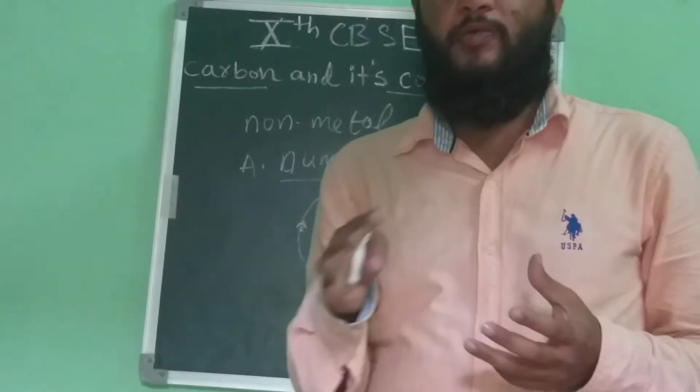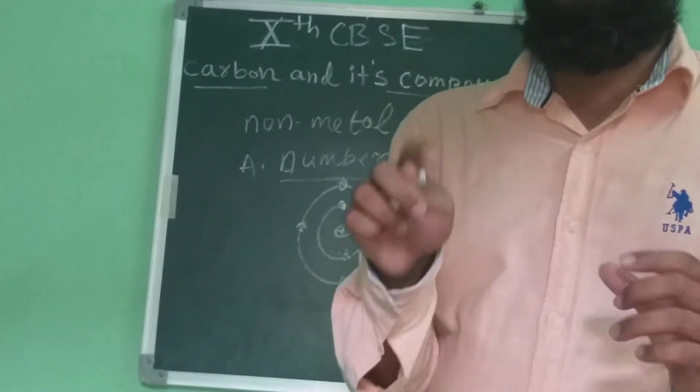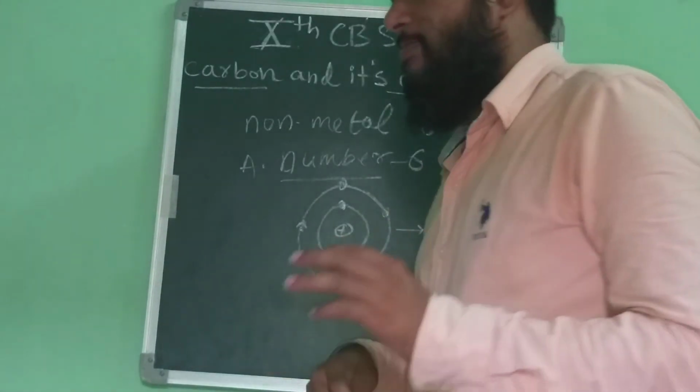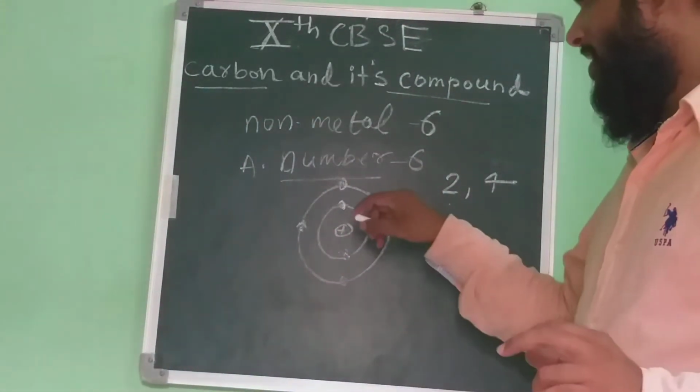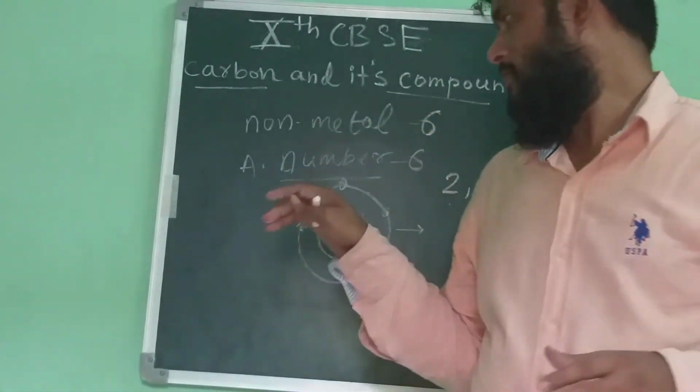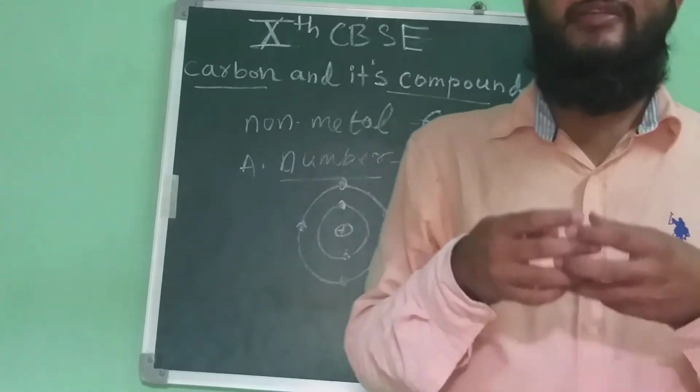That means carbon requires another 4 electrons to complete its octet, or it has to donate 4 electrons, so that it attains an inert gas configuration.